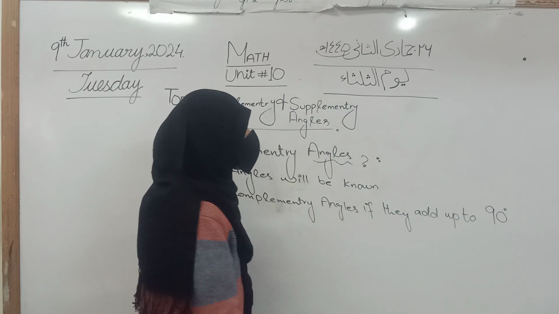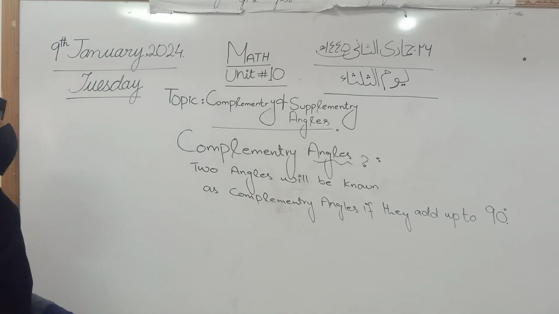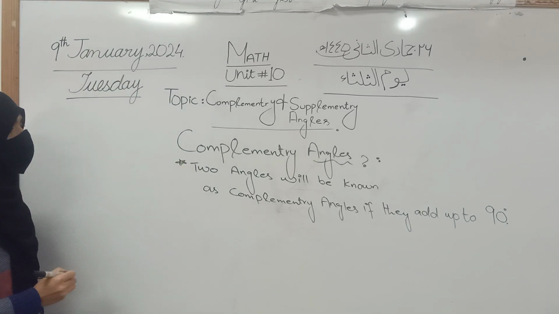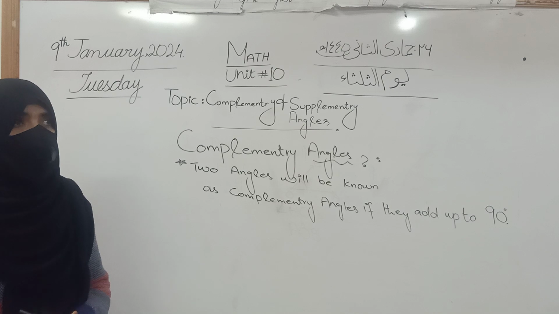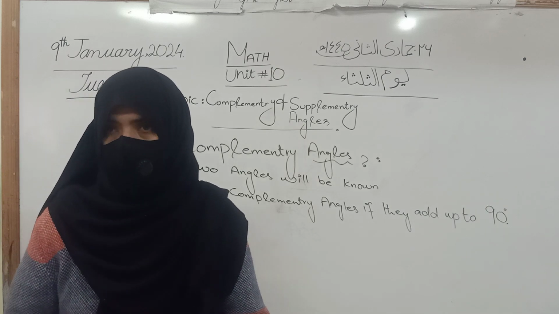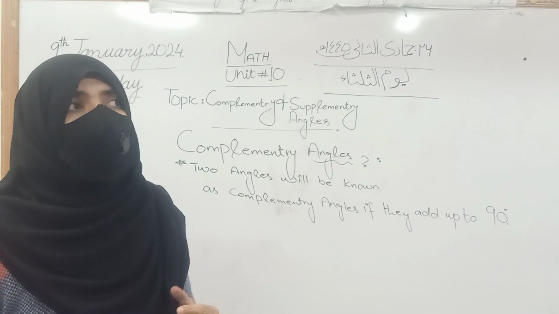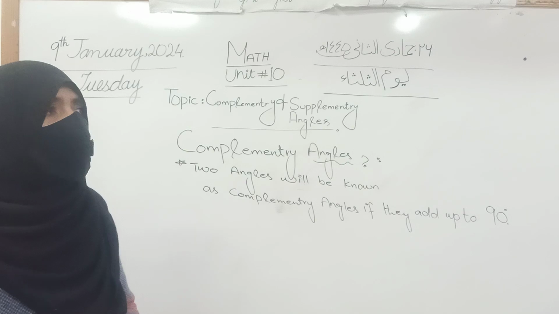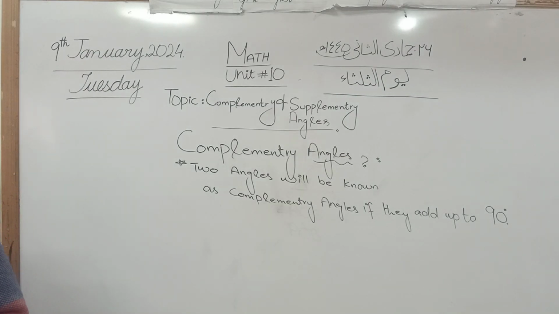Is it clear to all of you, class? I have written that two angles will be known as complementary angles if they add up to 90 degrees. What does it mean? It means if the sum of two angles equals 90 degrees, then those angles will be known as complementary angles. Is it clear to all of you, my dear students? Okay, very nice. Now we will move forward.